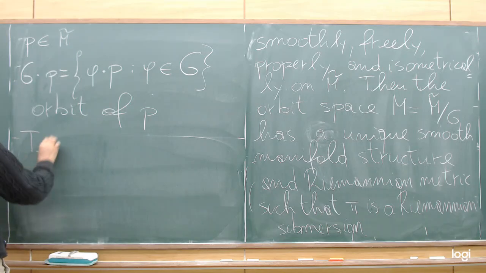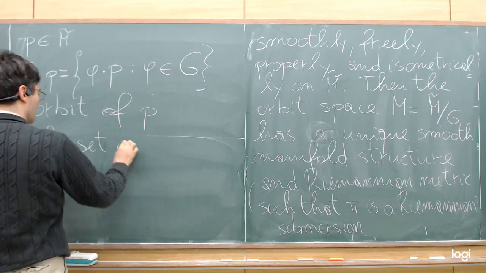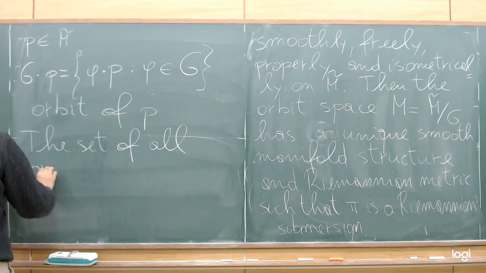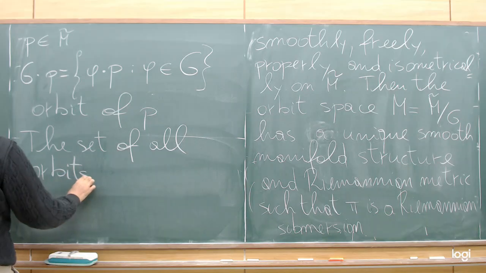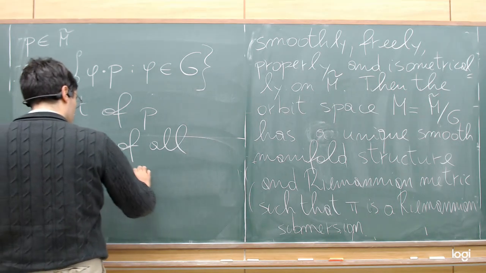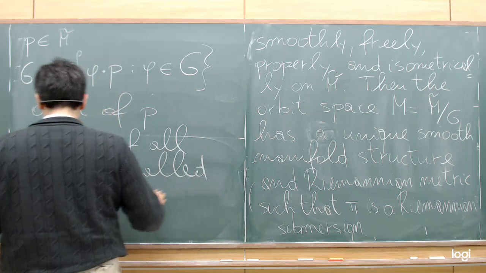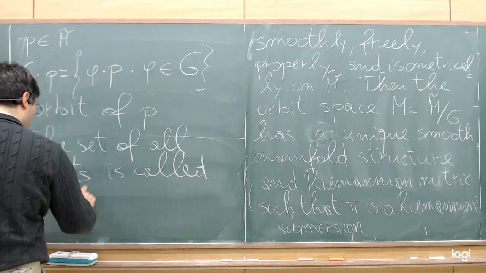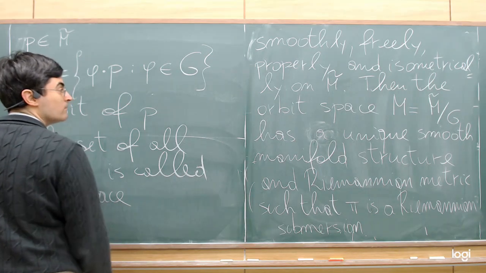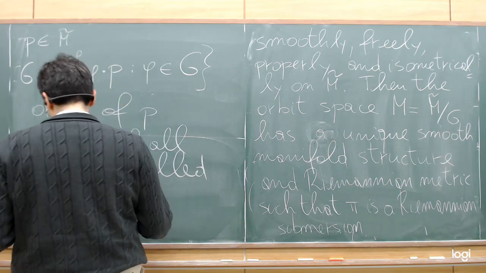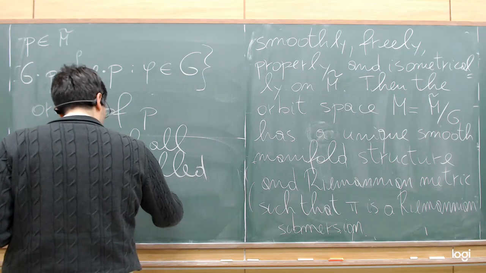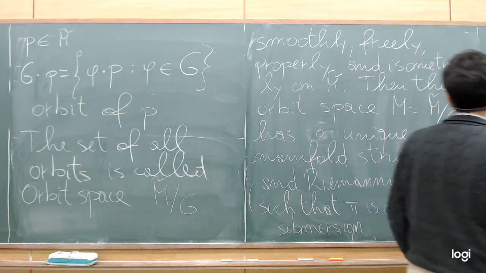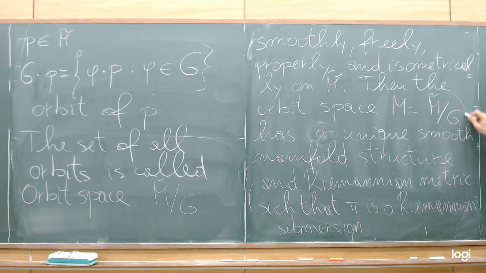The set of all orbits is called the orbit space, and it is denoted by M tilde over G. So now it's clear what this object is.